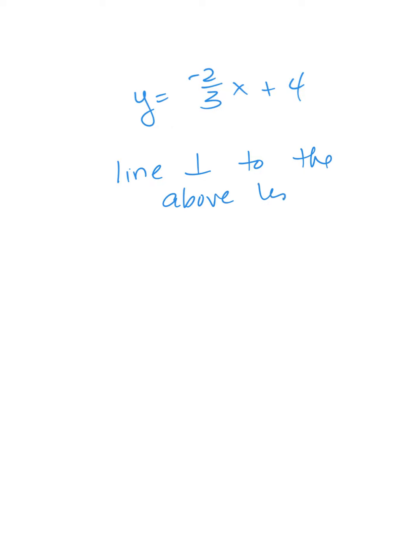Opposite reciprocal is when you take the slope. So let's say we have this equation. The line perpendicular to the above line will have an opposite reciprocal slope.